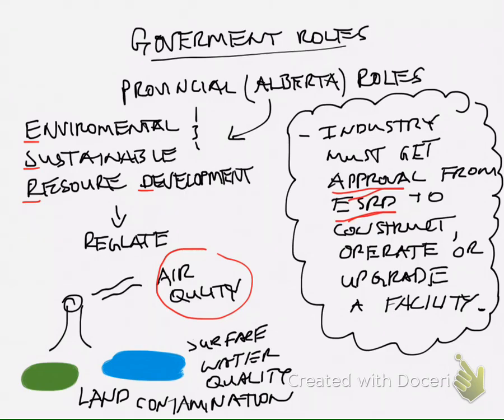So it's pretty important to know all this information, because if you get out there in industry and you are working with analyzers that monitor for these pollutants, it's important to know why we do it and the different government departments that are involved, and some of the terms.